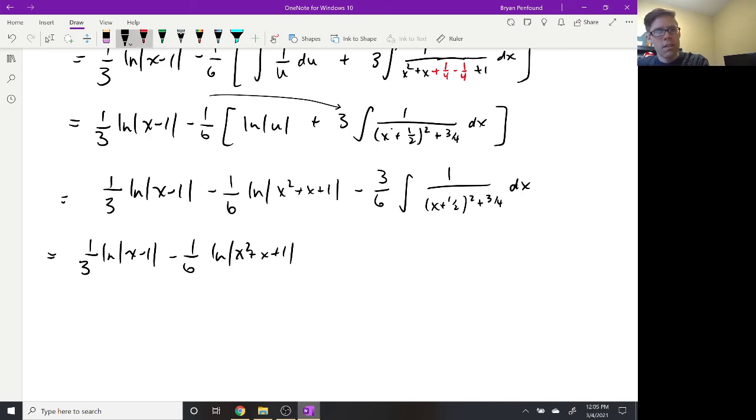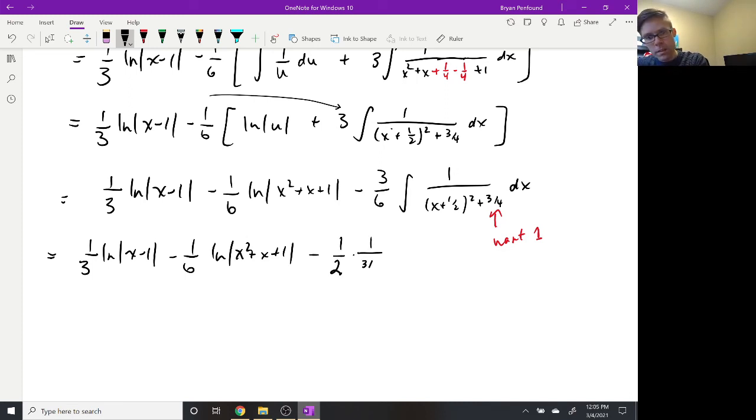Okay, I want this to be 1, because arctan is something squared plus 1. So that means I'm going to have to factor out a 3/4 from the denominator. Simplifying this, we get a half.